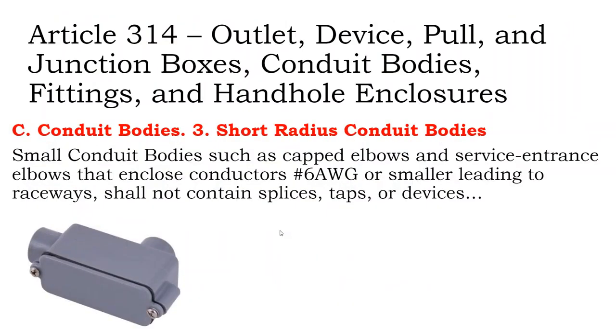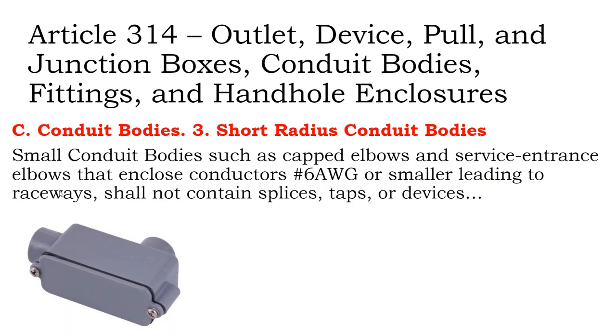So that brings us to, are you allowed to have splices inside of raceways or inside of boxes or inside of conduit? There's some exceptions to say, well, you might think you can put a splice connector here, but you actually can't.